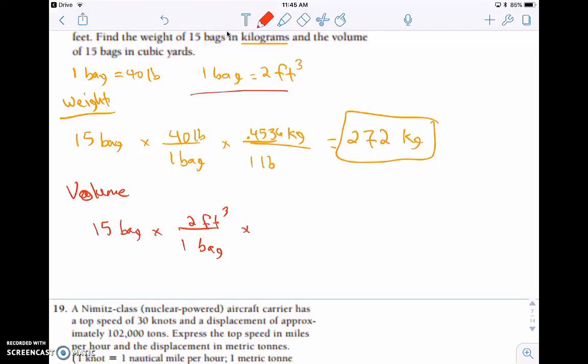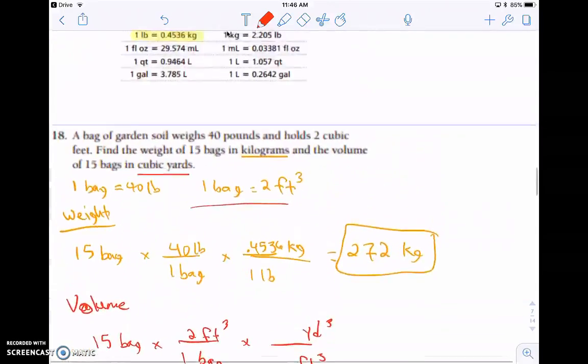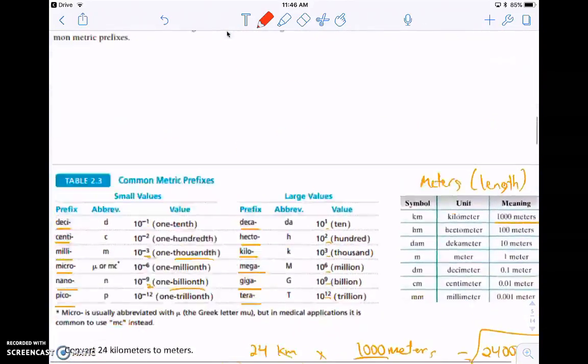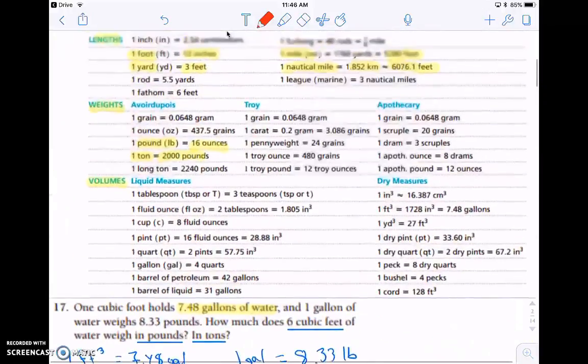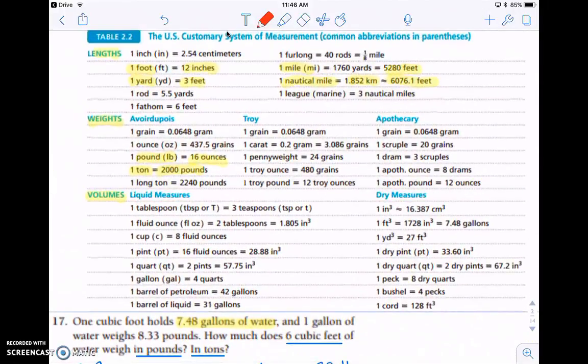And then we are going to cubic yards. So this is all in English measurements here, but I want cubic feet down here and cubic yards up here, and you would need to scroll up to our English measurements and see that 1 cubic yard is 27 cubic feet.